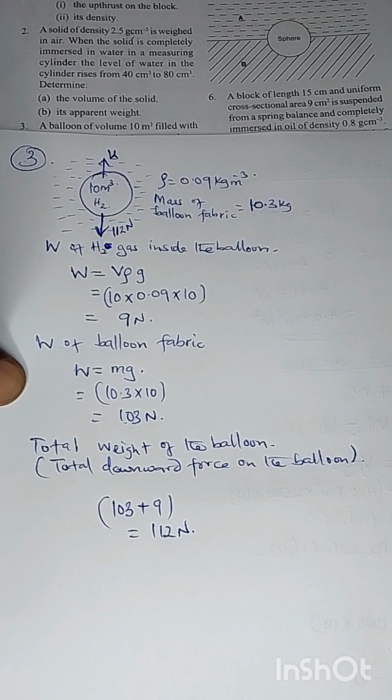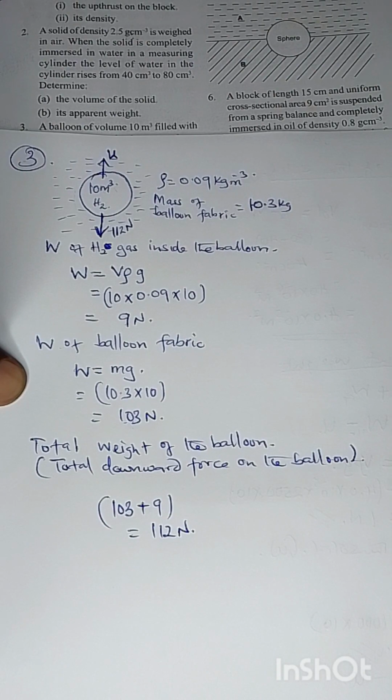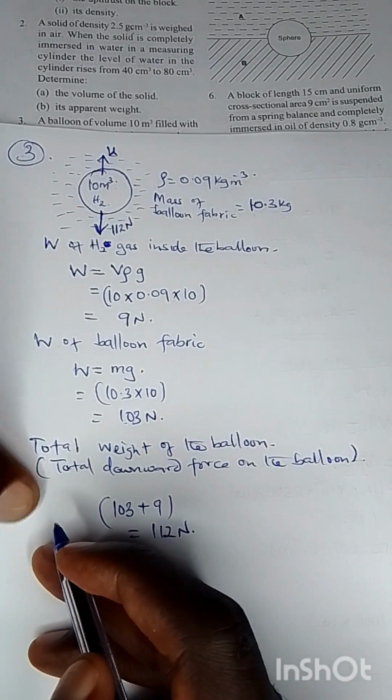And remember, from Archimedes' principle, a body experiences an upthrust, whether it is partially or totally immersed in a fluid, equal to the weight of the fluid displaced. So when you look at these two statements here, the principle and the law, for this body to float, it means the total upward force must be equal to the total downward force. And our total upward force is upthrust.